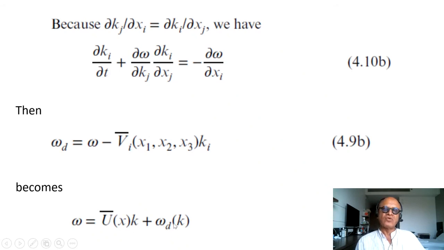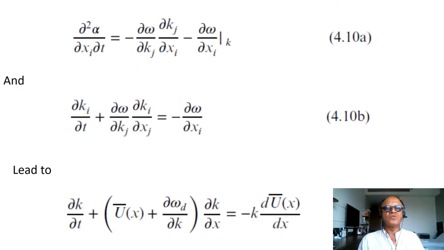So this is just moving it to this side, Doppler shifted frequency plus ū_x k. We have written this now in a general form as ū_x times the wave number.